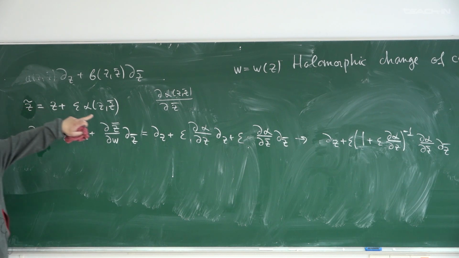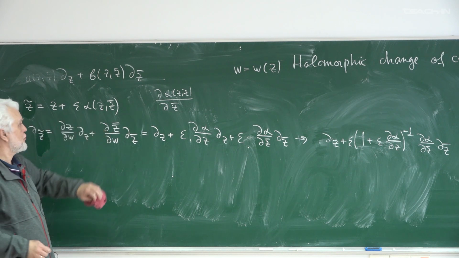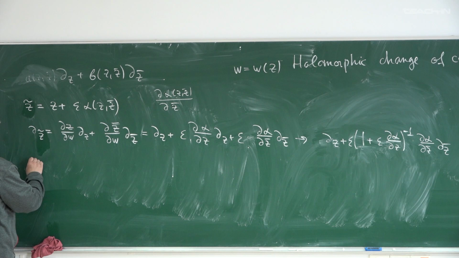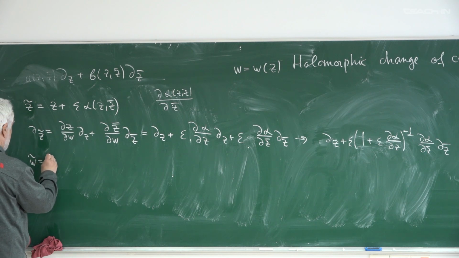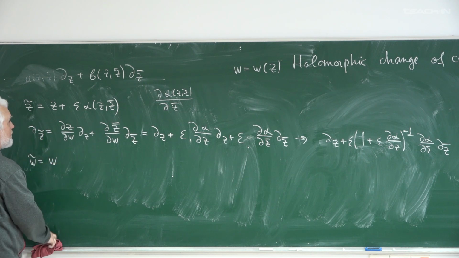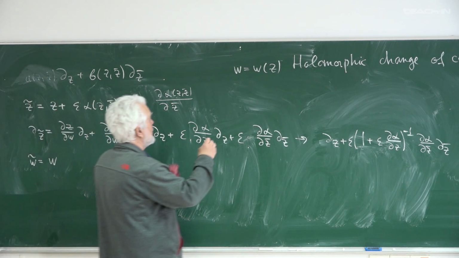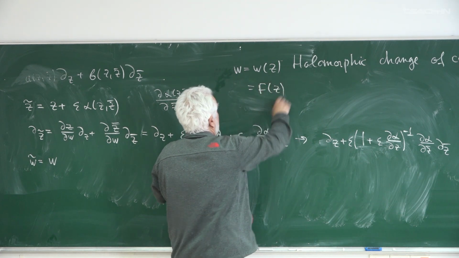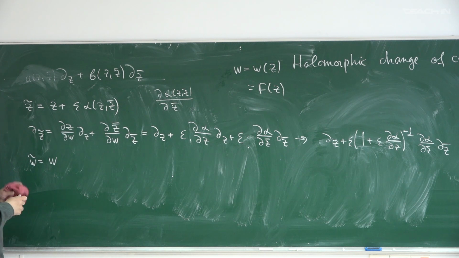What happens if we change the coordinate system, the same change of variables? W tilde is, let me denote it, f of z. I think it will be a little better to use this notation. W is f of z.